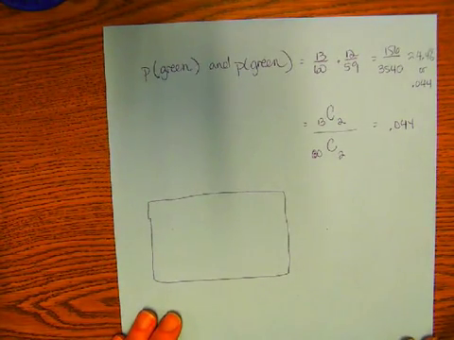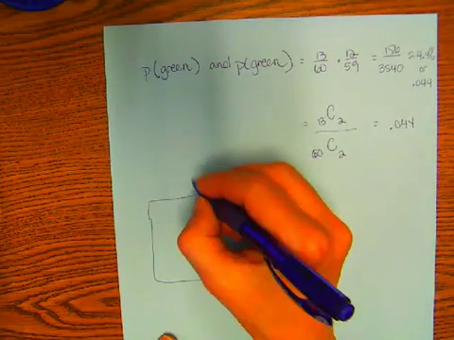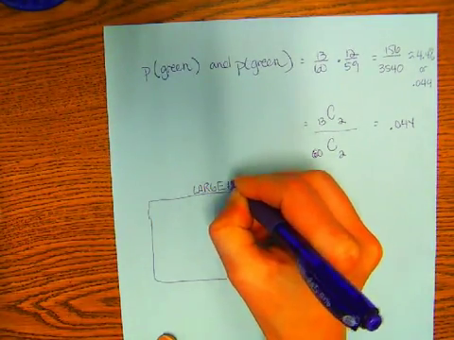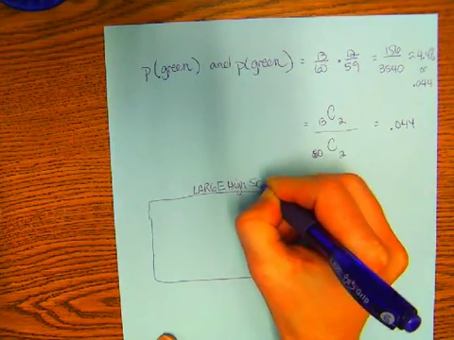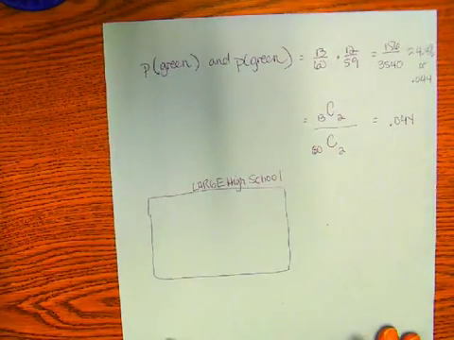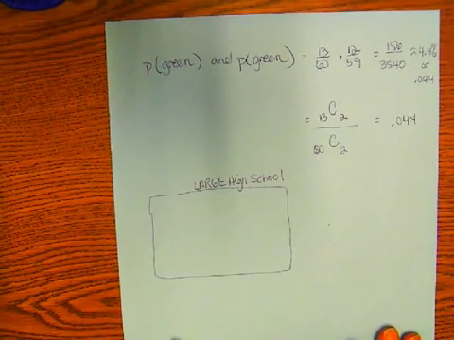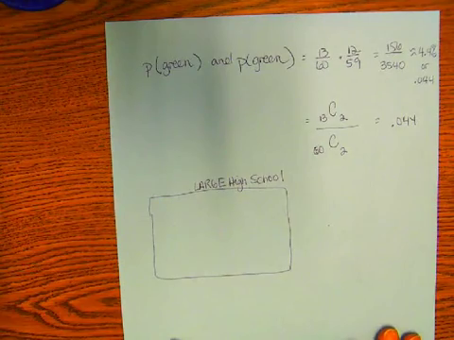So in the Venn diagram, we have a certain large high school, and we have separated the categories. 54% of the students are girls.